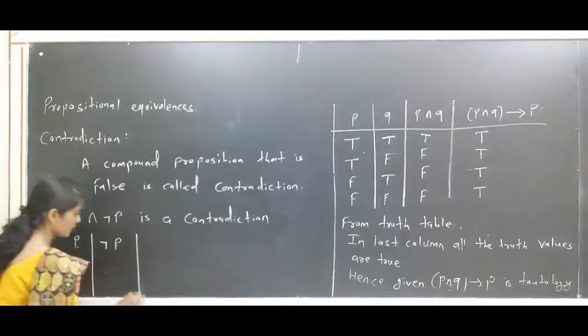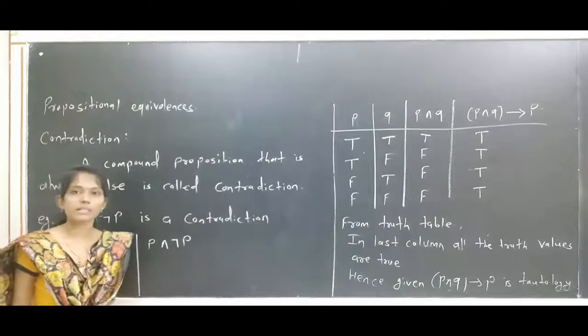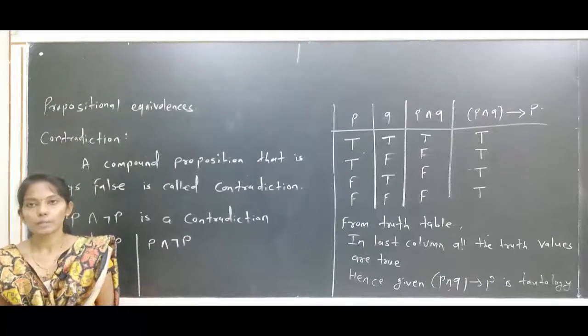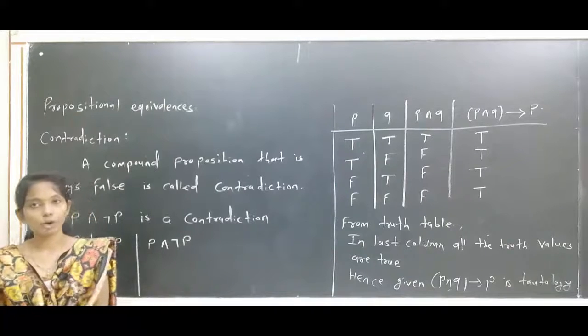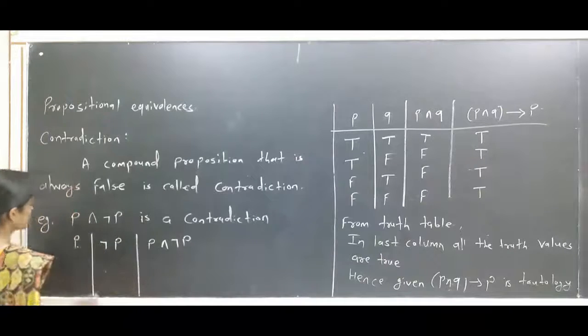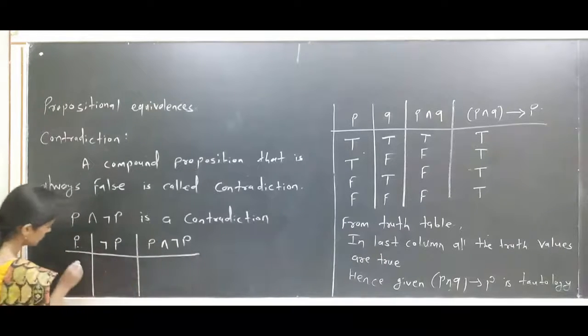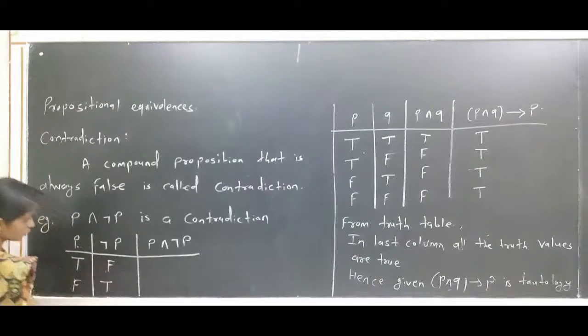Negation means if the value of the proposition is true, then its negation is false. If the value of the proposition is false, then its negation is true. So here we get true, false, false, true.